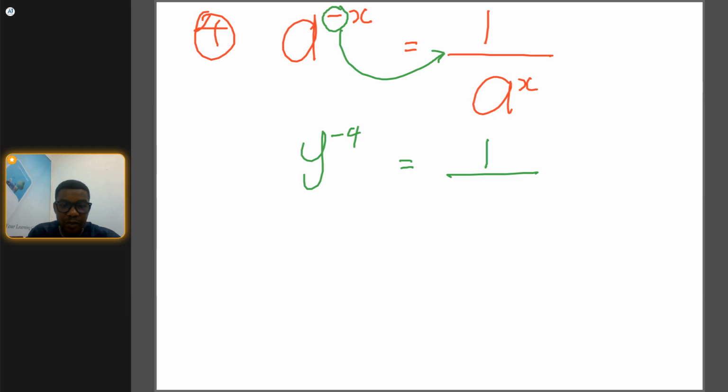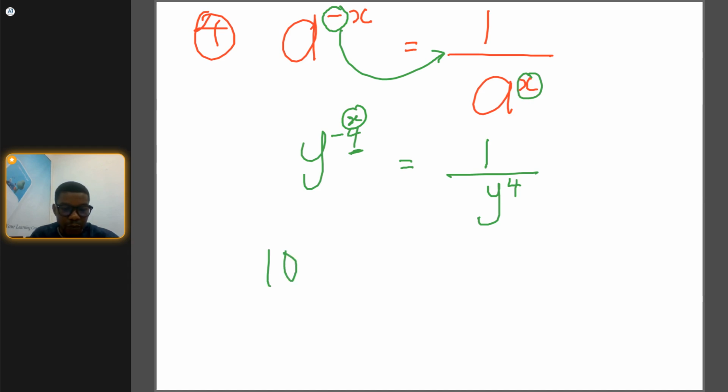Are you getting me? So any value that we have as x will be represented here also. For this case, my x here is this 4. So I'll be having y, which is the base, raised to power 4. So y raised to power minus 4 is 1 over y raised to power 4.